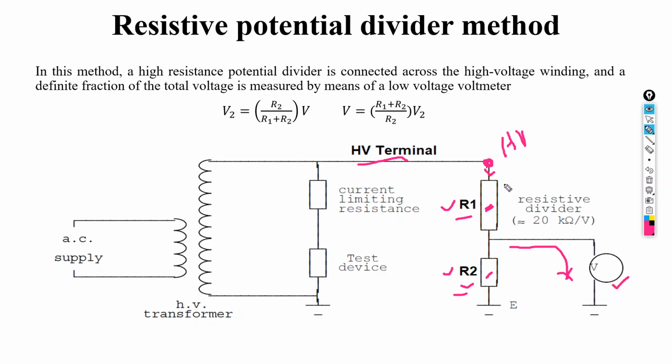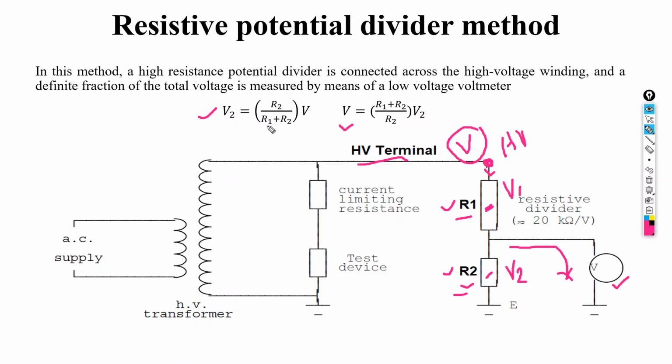The voltage across the resistance R1 is given by V1, the voltage drop across R2 is given by V2, and consider that V is the voltage at the high voltage terminal. So the voltage drop across R2 is V2 equals R2 upon R1 plus R2 into V, and the voltage at the high voltage terminal can be calculated using the formula V equals R1 plus R2 upon R2 into V2.